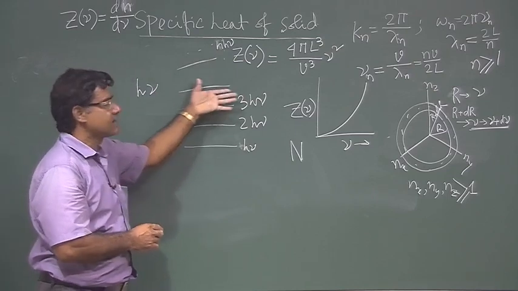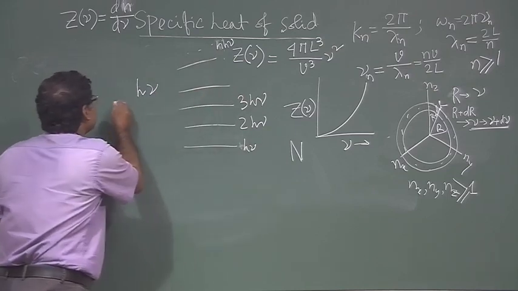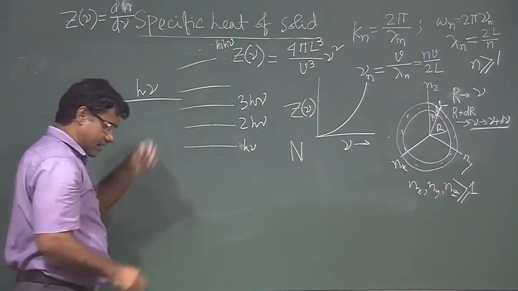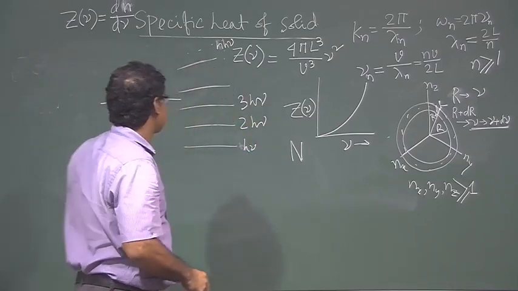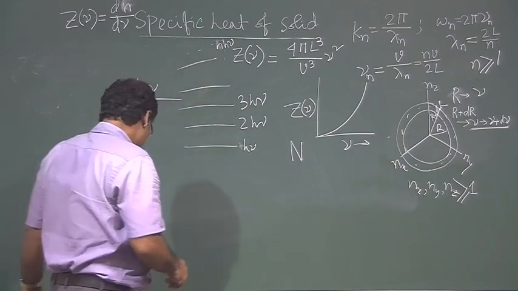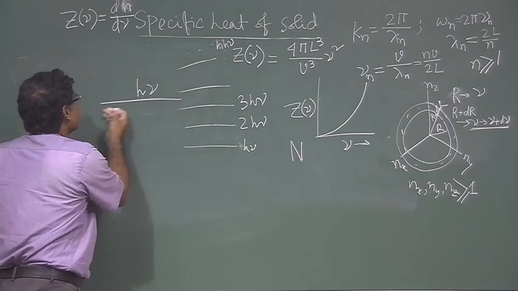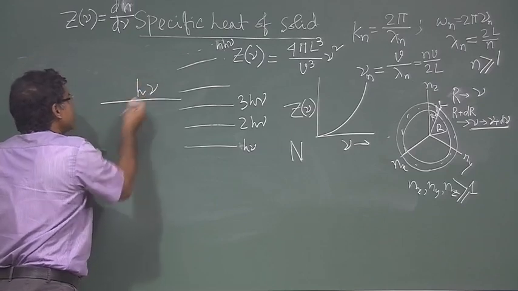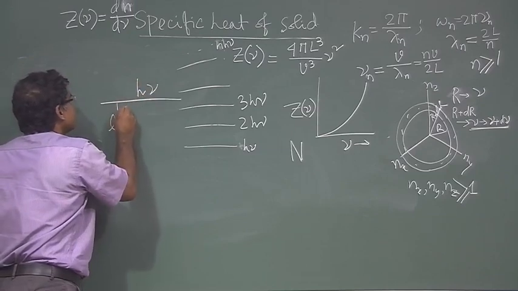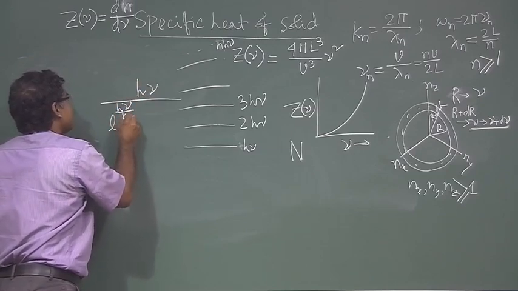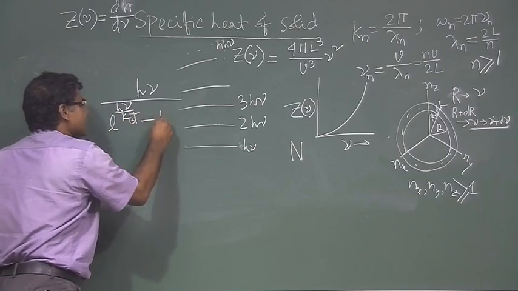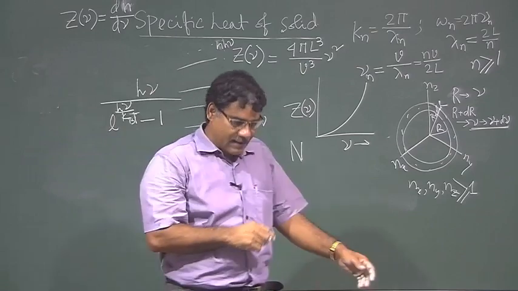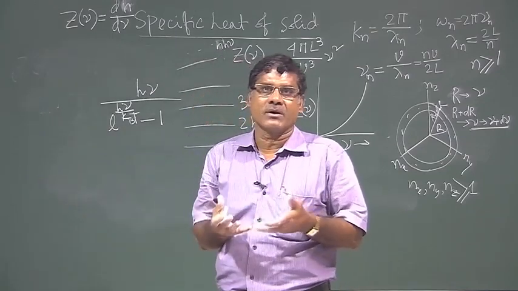So, that distribution, the energy distribution among these different energy levels, is basically well known. So, this is basically h nu by e to the power h nu by kBT minus 1, right. So, this is basically the Planck formula, and that is the average energy of a harmonic oscillator.